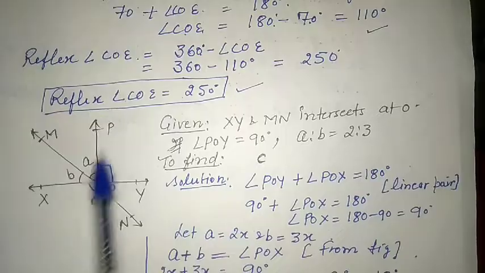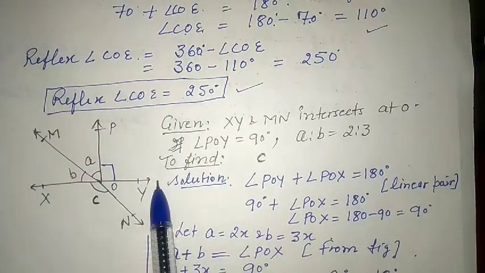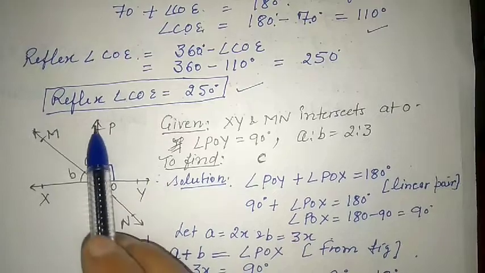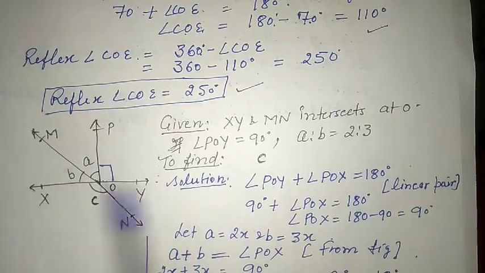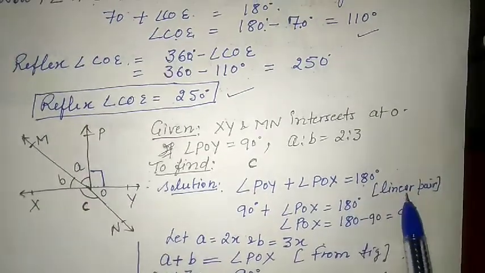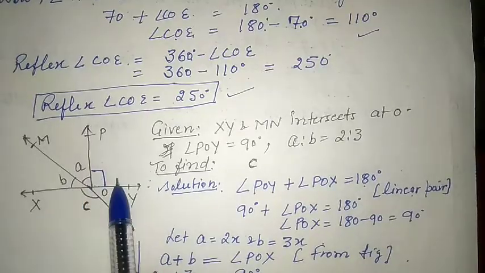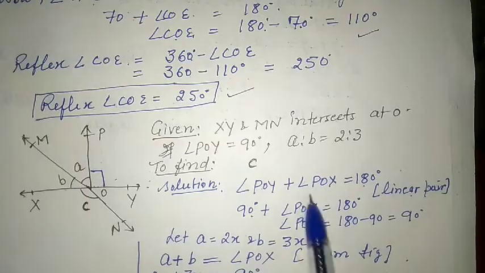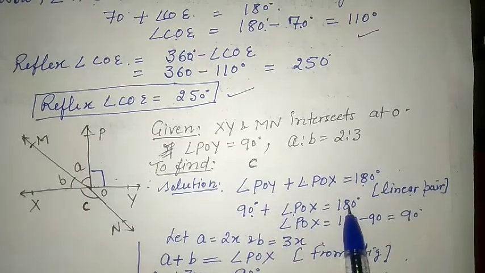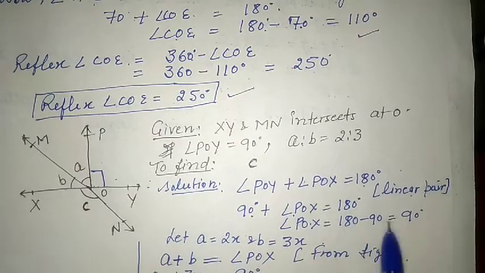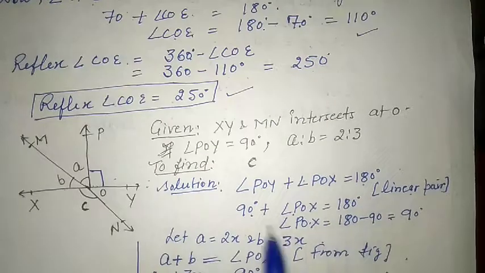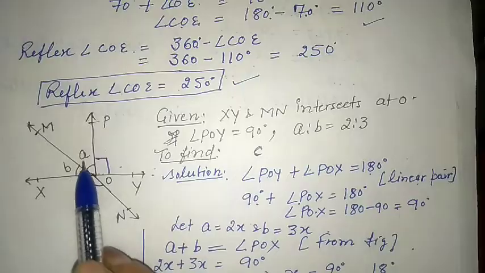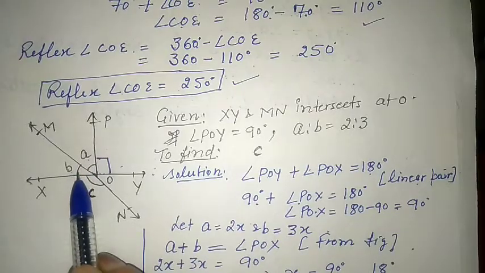First, POY is given as 90 degrees, and POY plus POX is equal to 180, because the two angles make a linear pair. POY is 90, so POX is equal to 180 minus 90, that is 90. The ratio is given, so we can multiply the ratio with some variable.